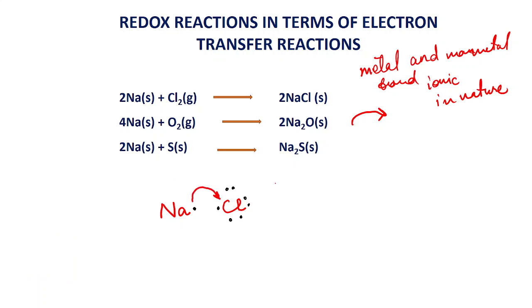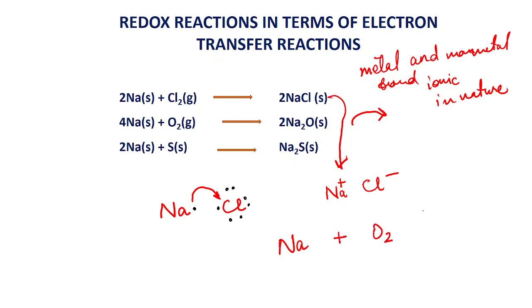So now in this case what is happening? Na will become positive and chlorine will become negative. This above reaction can be represented in the same way, because this is the thing which is happening, and this positive and negative attract each other. Similarly in the second case, what you can see is that Na and O2 are there.